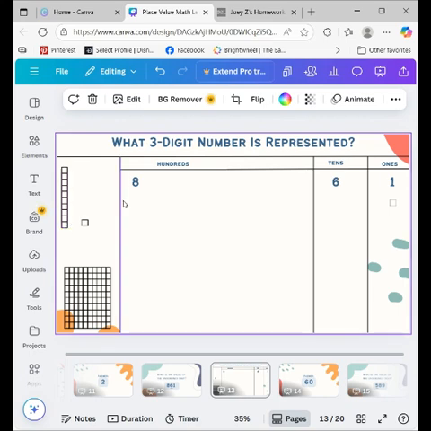So, which one do we want to bring over? This is the tens place, and this is a tens. And then we want to bring over these, so we need to bring over 6 tens.